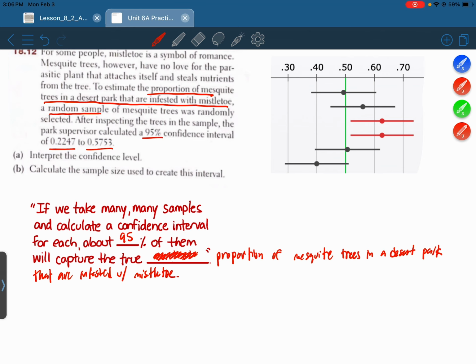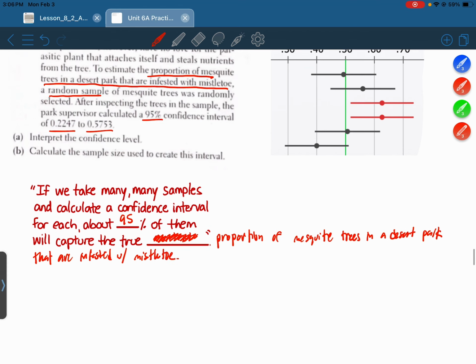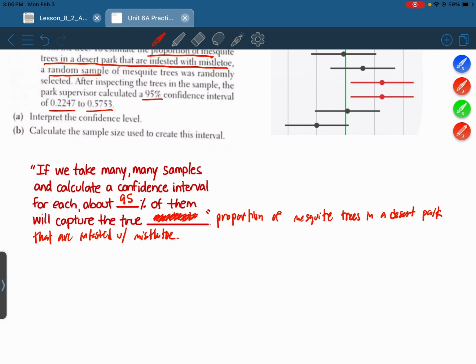Part B, calculate the sample size that was used to create this interval. So, to figure out the sample size, let's first figure out the margin of error. We can find the margin of error by finding the difference of the endpoints and dividing by 2.